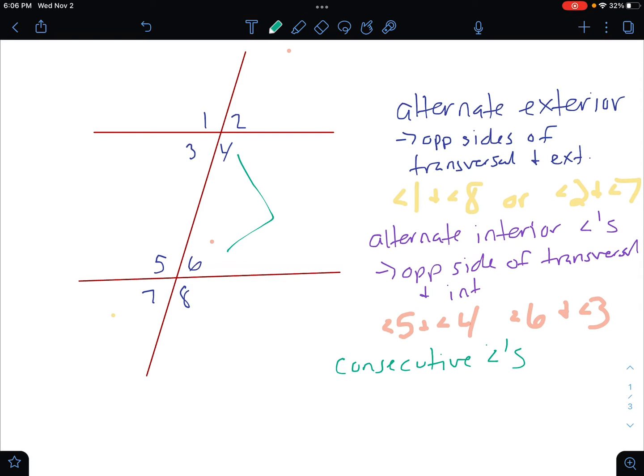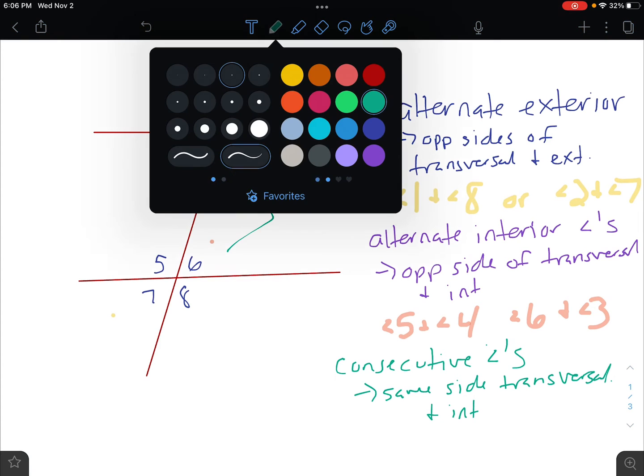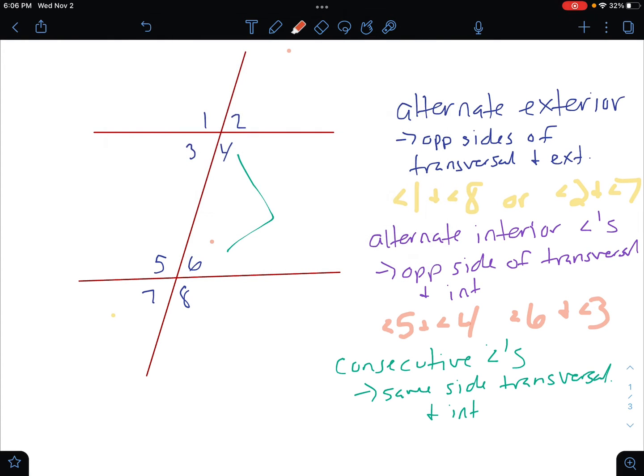They're between the lines. So same side of the transversal and interior. So examples of those would be 4 and 6, or angle 3 and 5. An easy way to find those is drawing that V.